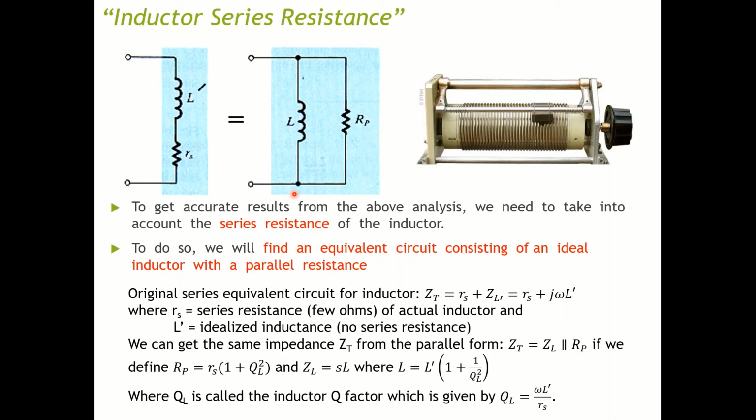Therefore, I would have Zt equal to Rs plus jωL prime. We have Rs as the series resistance and L prime as the idealized inductance. So in the same way, we can represent this same Zt in the parallel form.